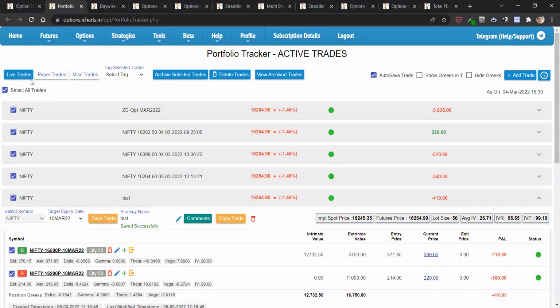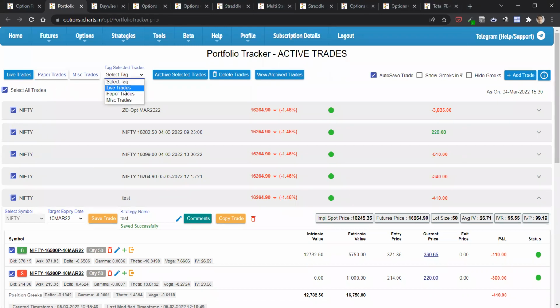No, this is just a way to group trades. You can group your trades under live, and move trades to paper trades or miscellaneous trades. This is just tagging your trades. All these three are the same. But if you want to track your live trades separately, you can, and you can put paper trades over here.